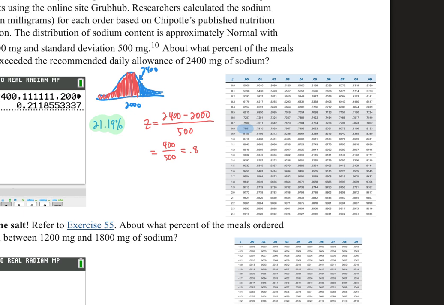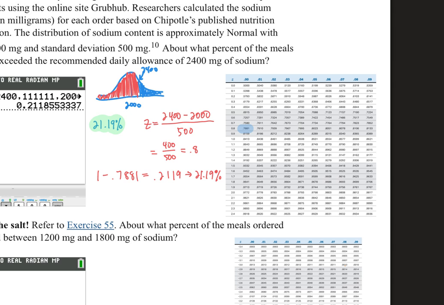And just to make sure people know, you could either do 1 minus the proportion, .2119, and then turn that into a percent. Right, notice we get the exact same thing that we got from normal CDF.